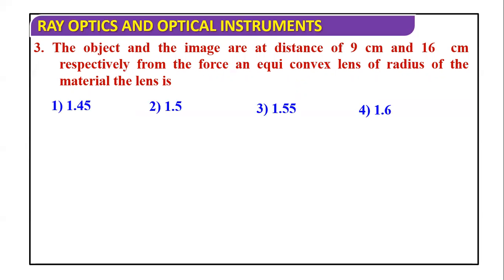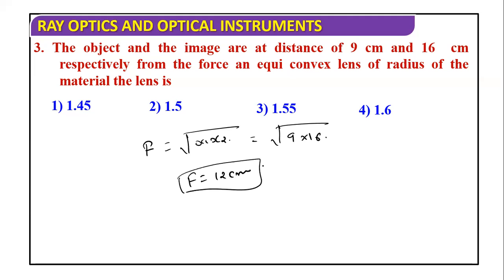According to the displacement method, the focal length f can be written as under root x1 x2, that is equal to under root 9 into 16, where x1 is 9 and x2 is 16. So the focal length is 12 centimeter.